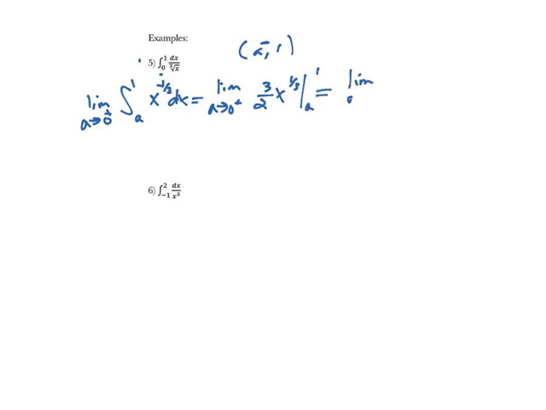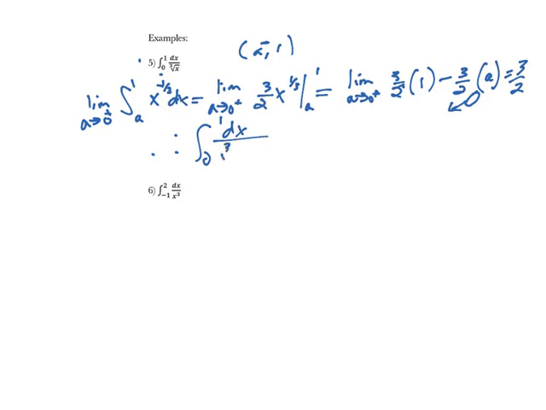So that would be the limit as a approaches 0 from the right of 3/2, plug in 1, the cube root of 1 is 1, minus 3/2 times the cube root of a, and the cube root of 0 is 0. So this does have an answer because it's 3/2 minus 0, or 3/2. So we would say that the integral from 0 to 1 of dx over the cube root of x converges, and it converges to 3/2.